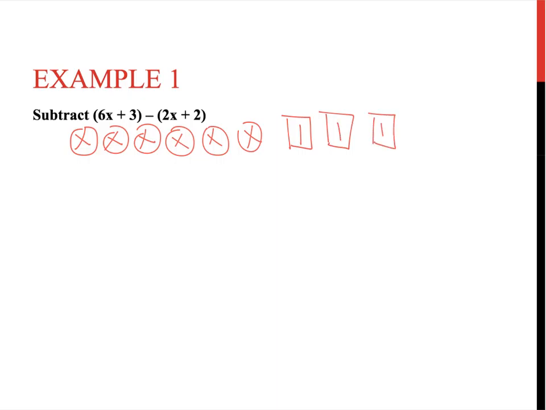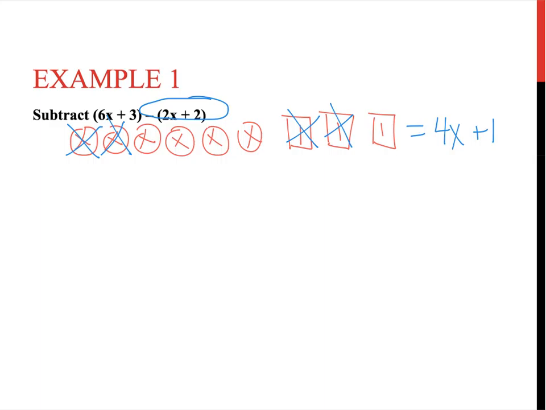Now we have to subtract 2x plus 2. So let's cross out 2 x's and 2 1's. What's left? We have 4x plus 1, and that's our final answer.